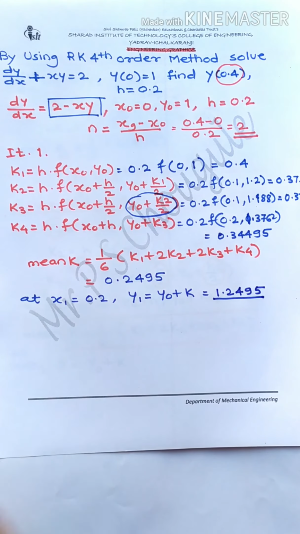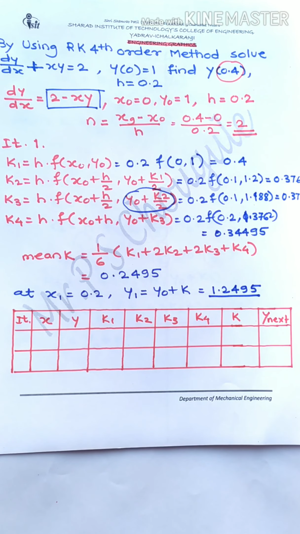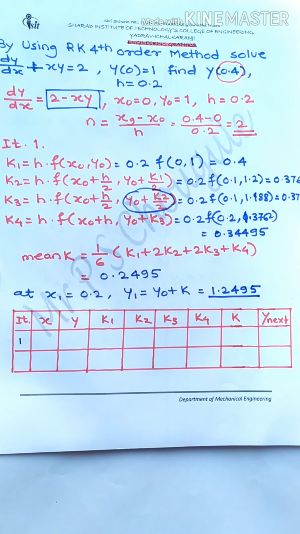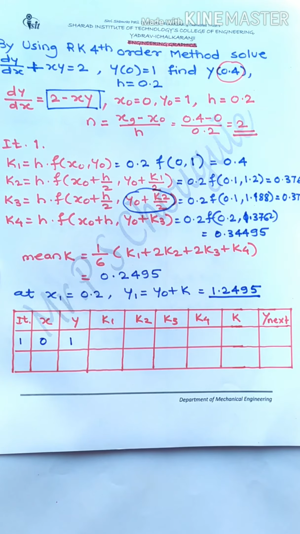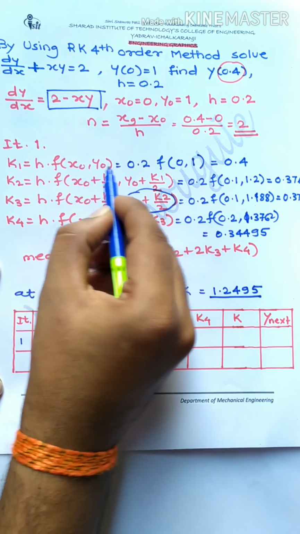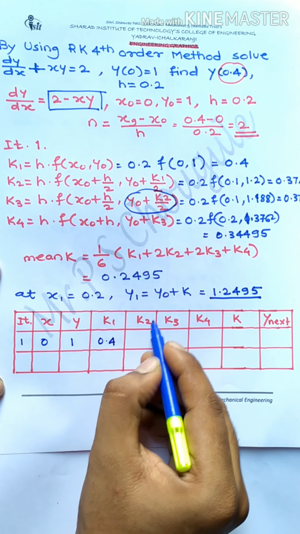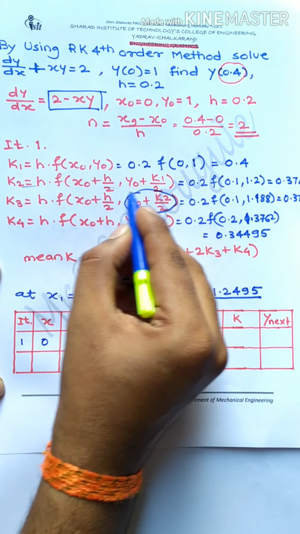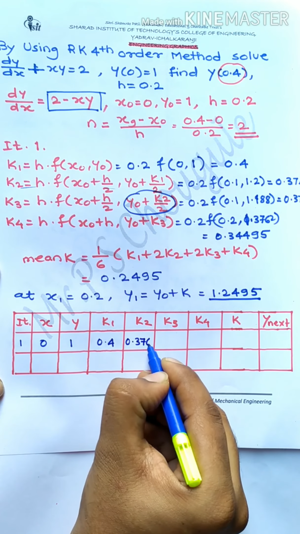For that, I will draw a table. By using the table, I have to write here iteration number 1, the initial values of x and y, 0 and 1, the value of k1 by using this formula, it will be 0.4, the value of k2 by using this second formula, it is 0.376.